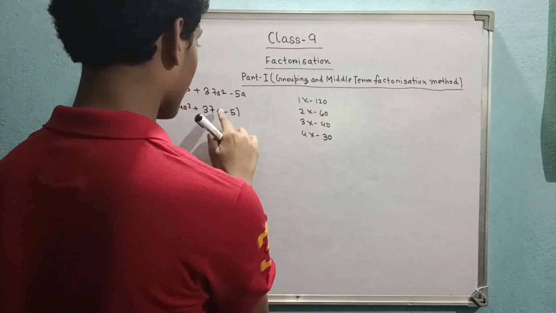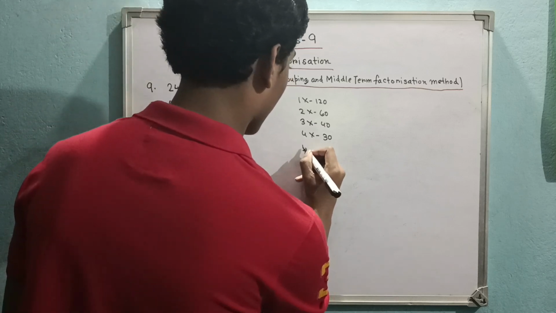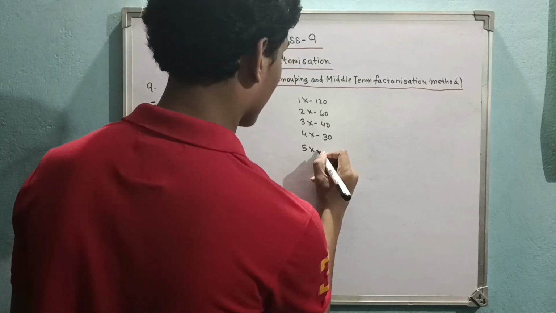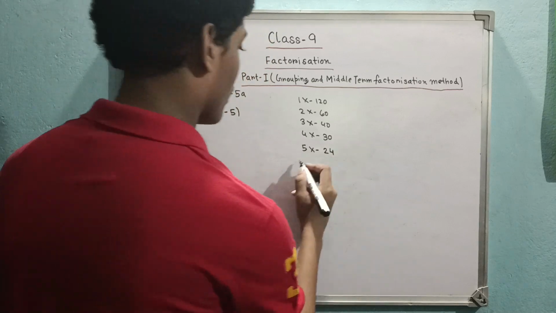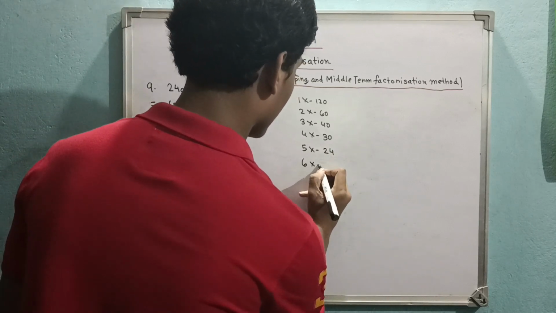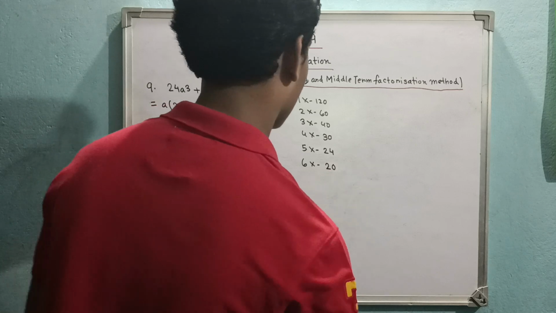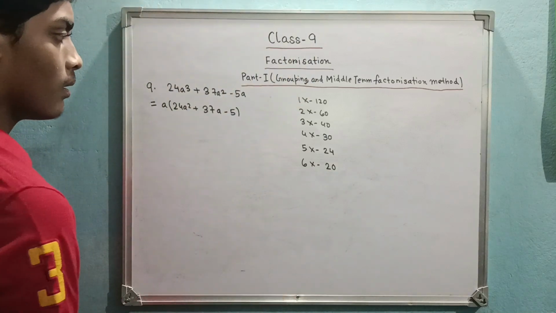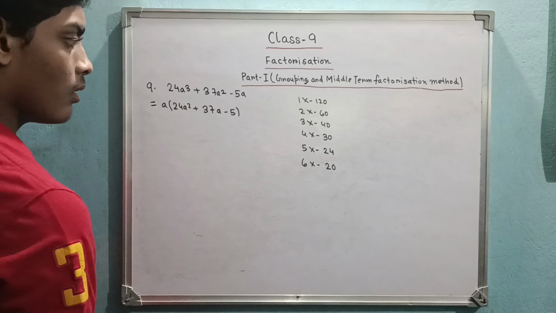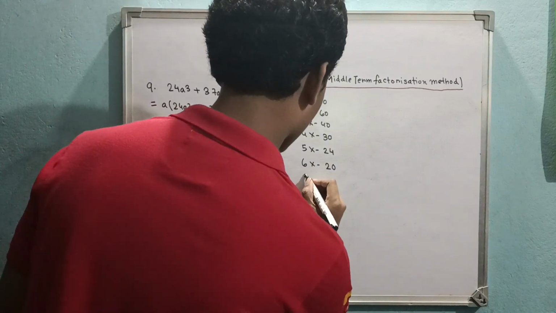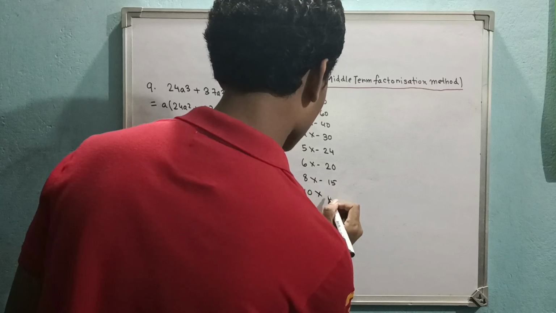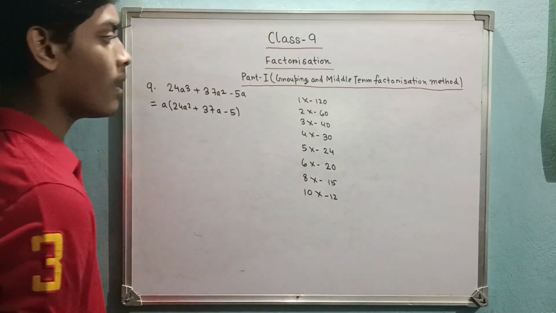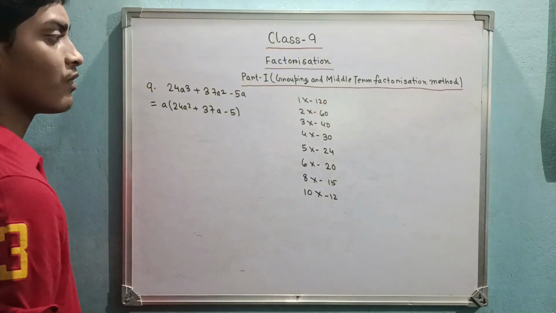Keep checking until this value comes out. 5 into minus 24, 6 into minus 20, like this. Alright. 8 into minus 15, 10 into minus 12, and just keep checking. But we don't need to do this much.